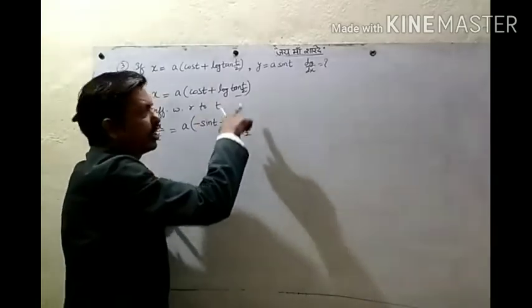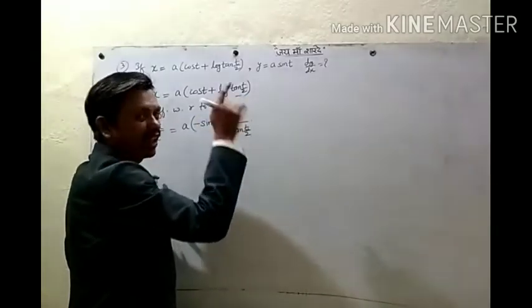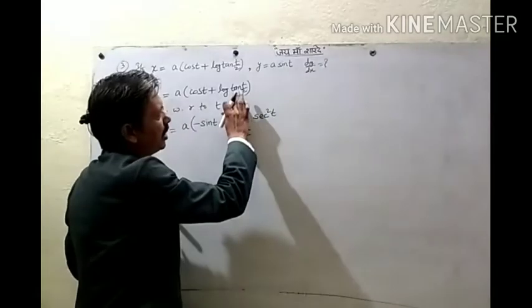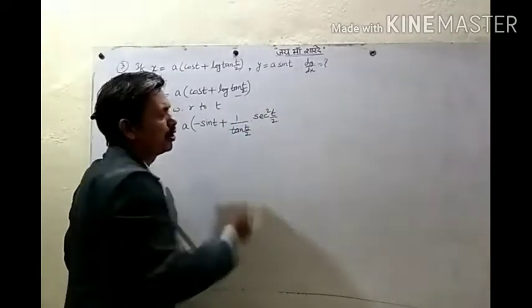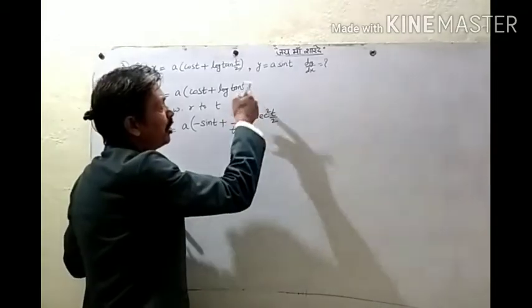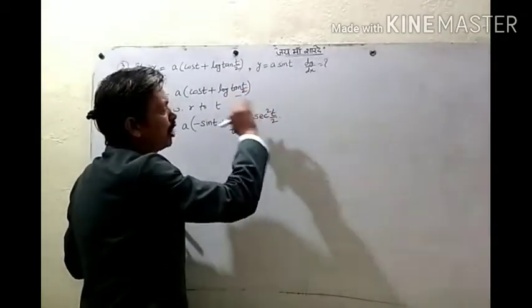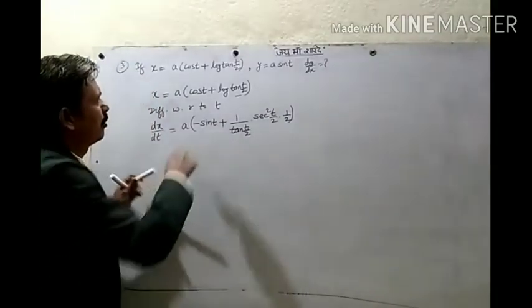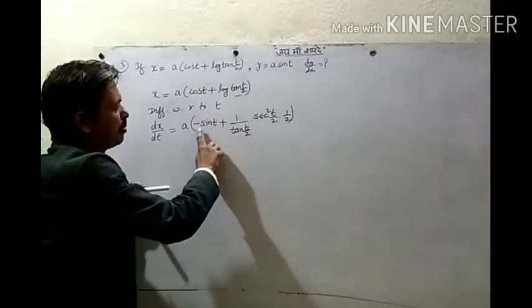So again differentiate tan t by 2, derivative of tan is sec square x, so derivative of tan t by 2 will be sec square t by 2. Again t by 2 is not actually x, so differentiating t by 2 we get 1 by 2. So derivative of cos t plus log of tan t by 2 is minus sin t plus this.